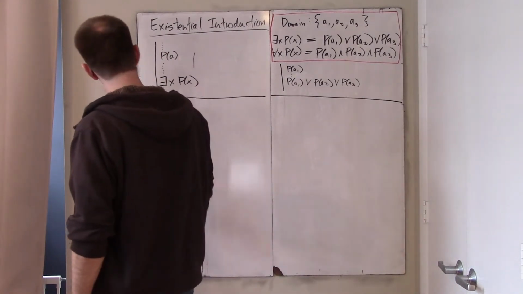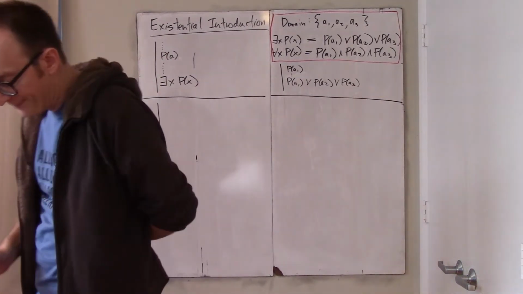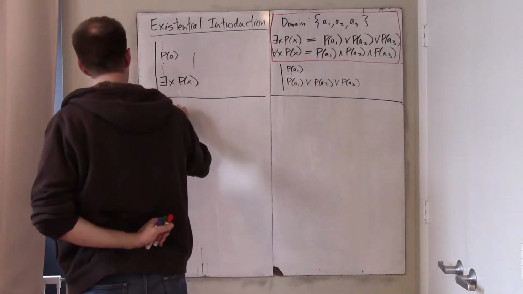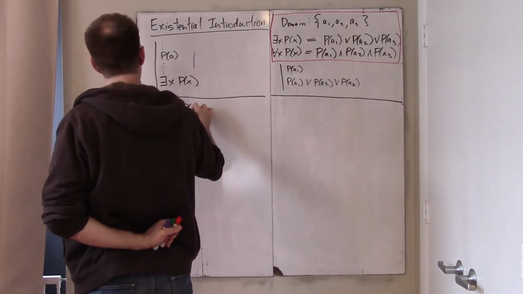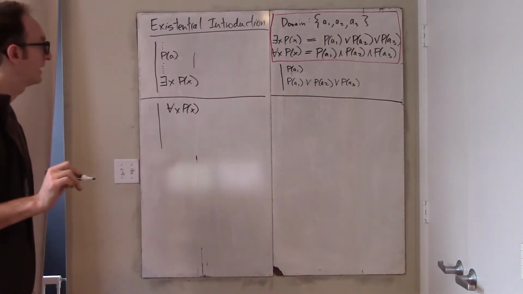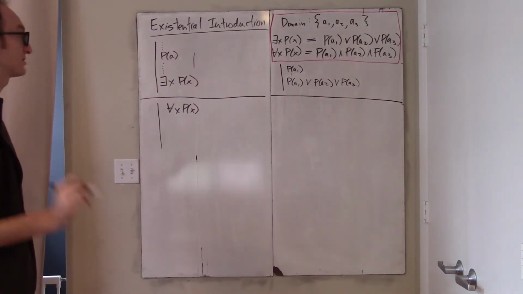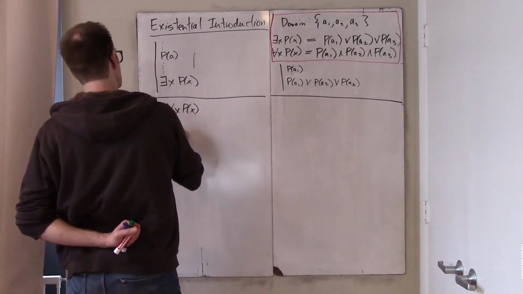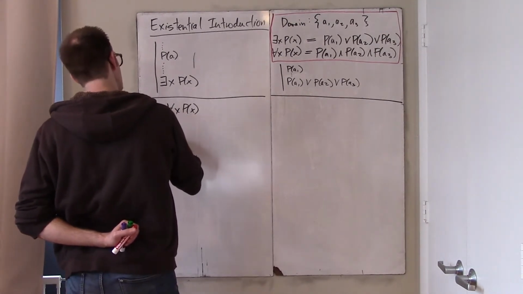Let's keep going. There's another rule, which is also kind of obvious. It's the exact analog. It says that if I know that everybody has a certain property, then I may assert about any particular person of my choosing that they have that property.